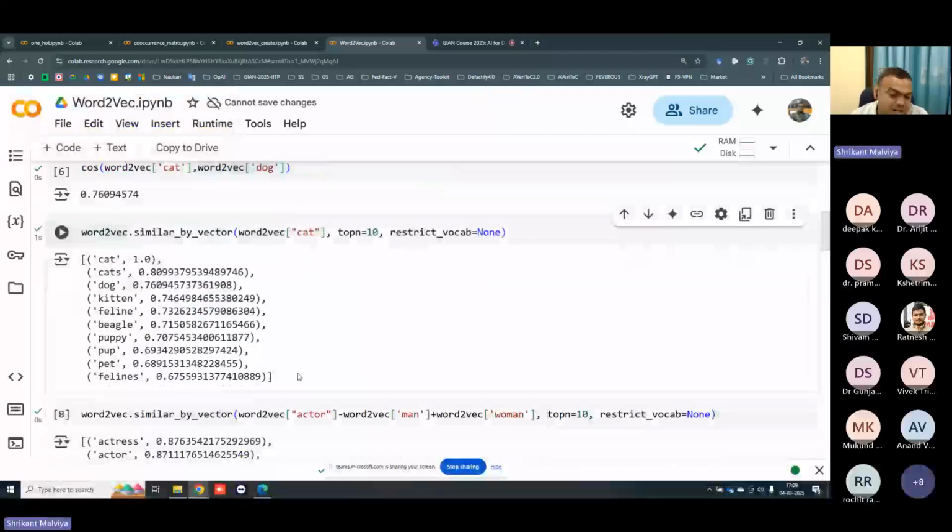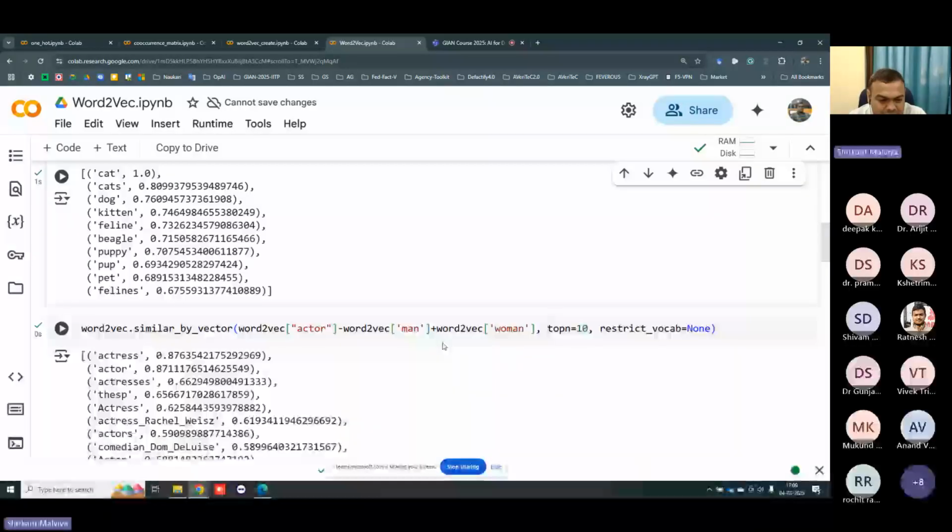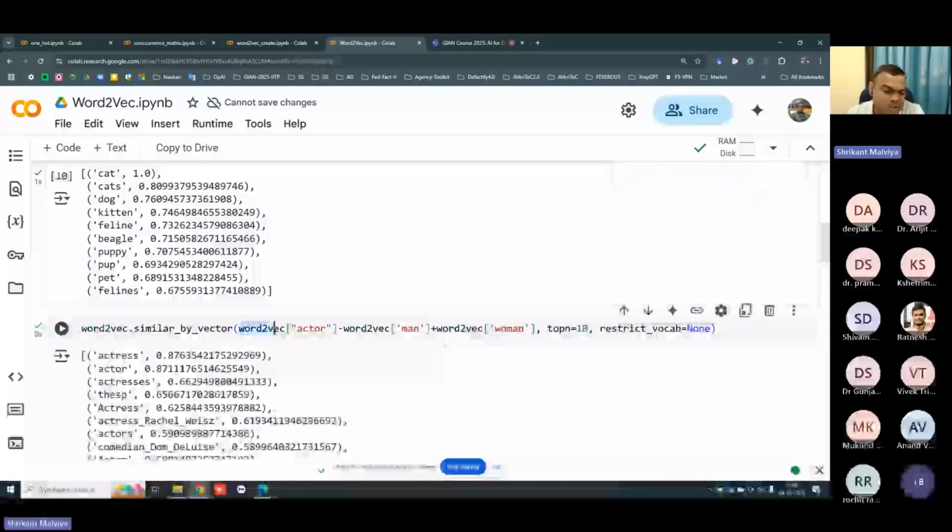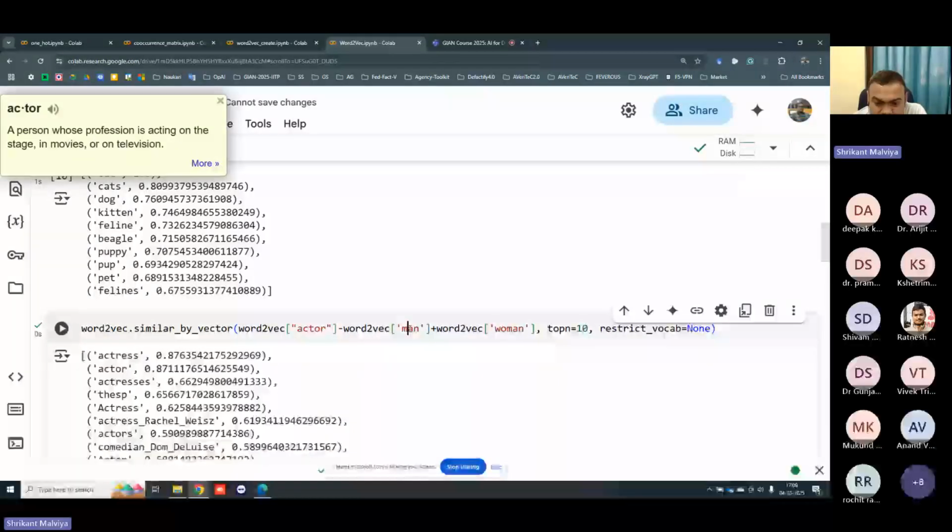Now the example that we saw in the slide of implementing the analogy. We estimate this vector: find the vector of actor, vector of man, vector of woman, and do this arithmetic operation.